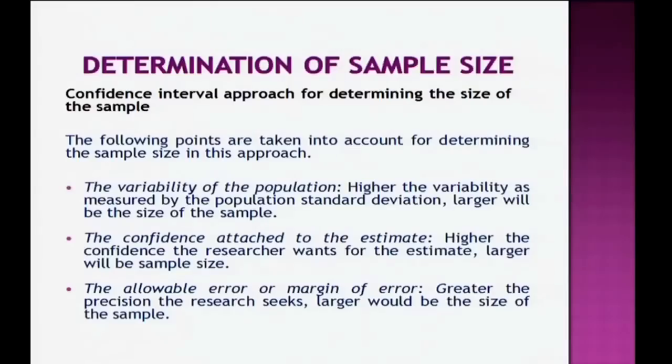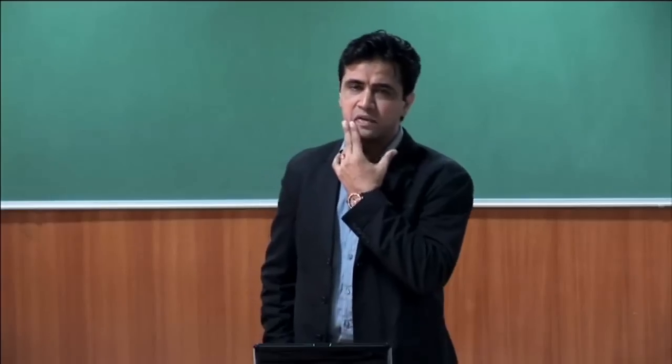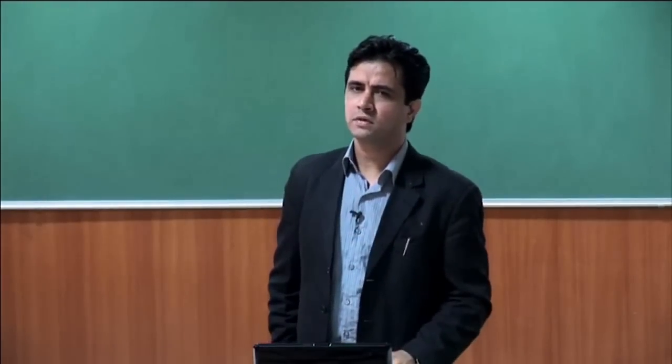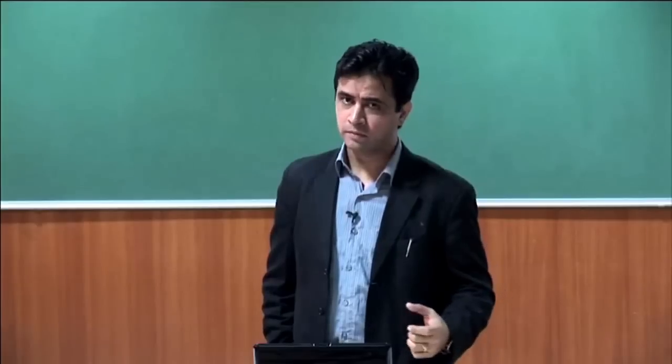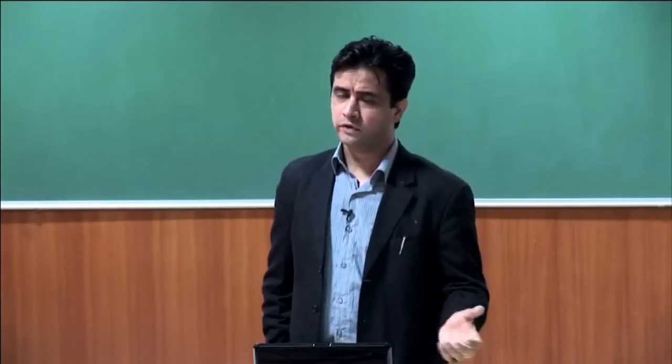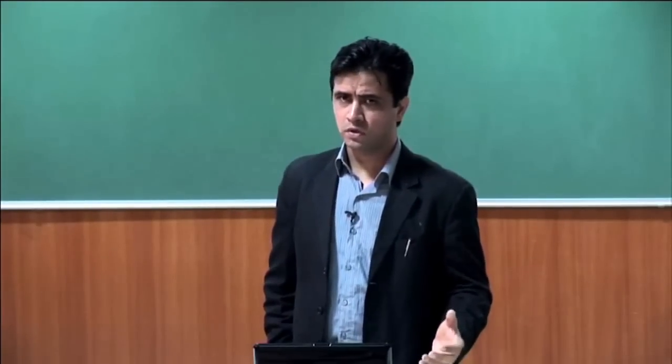And if we want a minimum allowable error, here allowable error means the difference between the sample statistic and the population parameter should be minimum. Say we take the example of IIT BTech final year students and their marks scored.